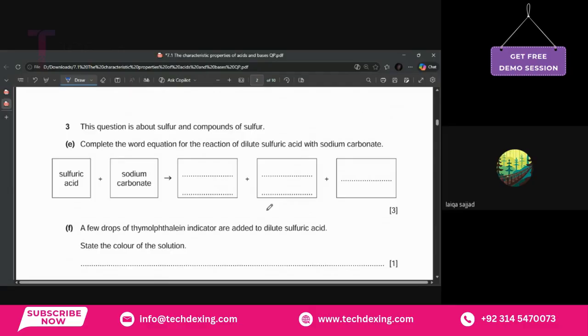It would give you sodium sulfate plus water plus carbon dioxide.